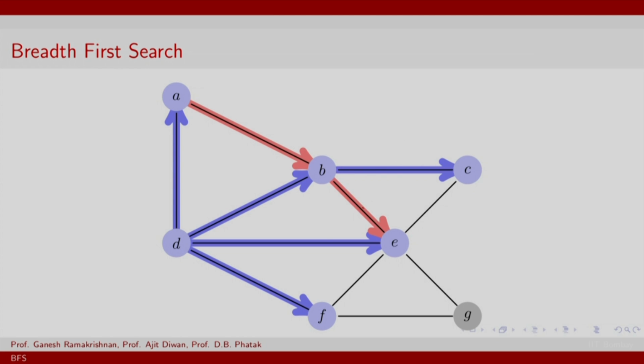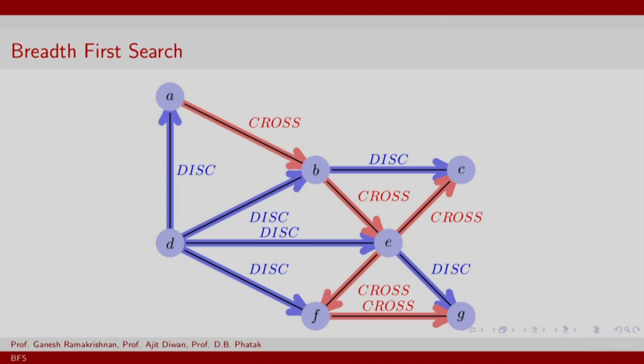Continuing on, well, there is one more cross edge from B to E, another cross edge, a new discovered edge, another cross edge, another cross edge. So there are exactly 5 cross edges. Now these edges could be very useful in determining a tree for the graph, a spanning tree for this graph.